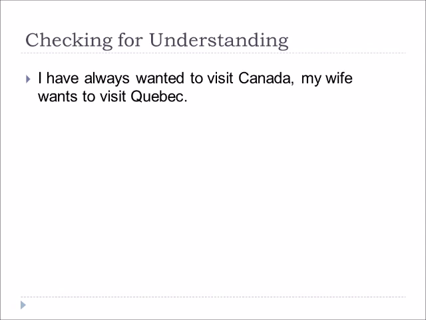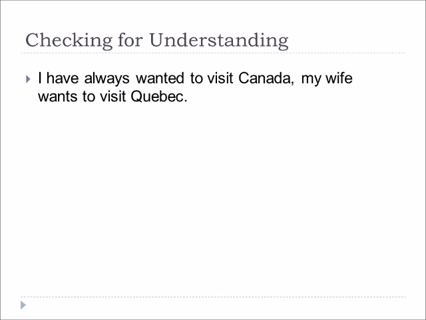This is what we call a comma splice error because we're putting two independent clauses together to form a compound sentence, but we're using only a comma. That is incorrect. It is a common mistake, but it is still an error which will get you into trouble in academic writing. How do we fix this? There are two ways.